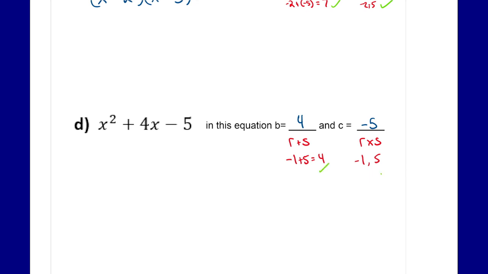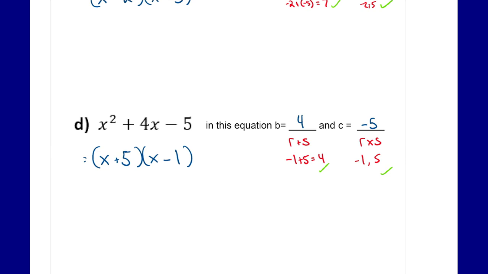So that works. That fits that pattern. So my two brackets are going to be x first in both of them. Oh, sorry, not +4, +5. One will be +5, and one will be -1.